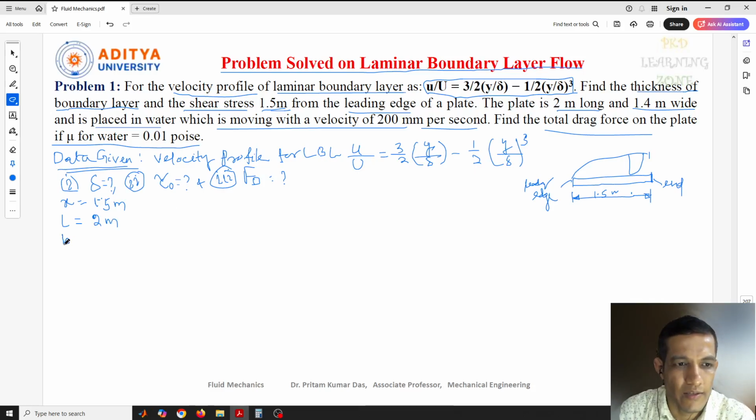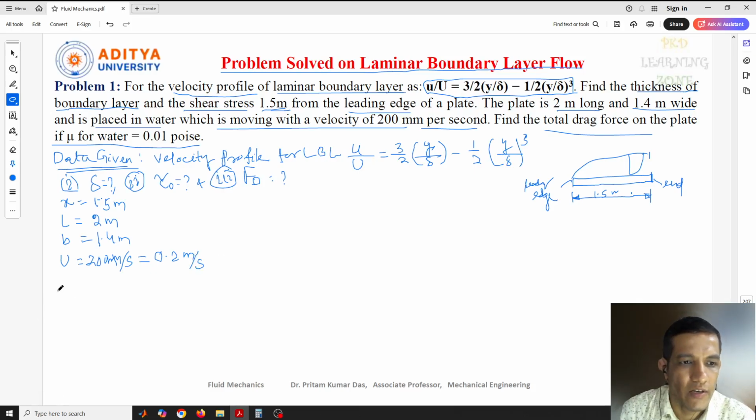The velocity, capital U, is 200 millimeter per second, which we can convert into meter per second, that is 0.2 meter per second.